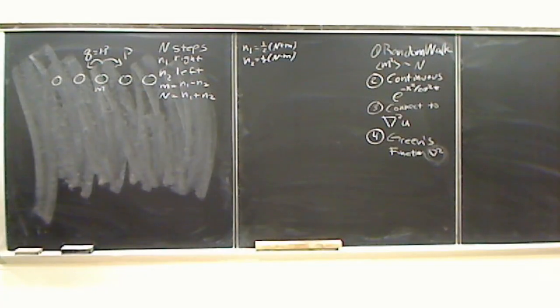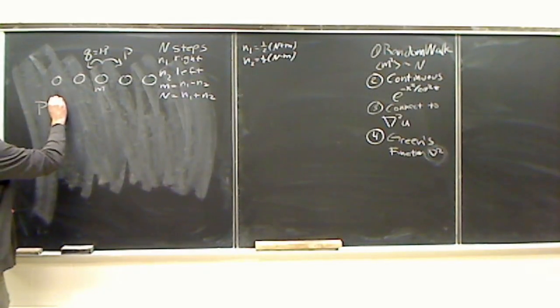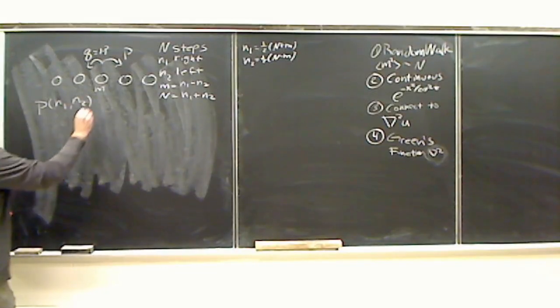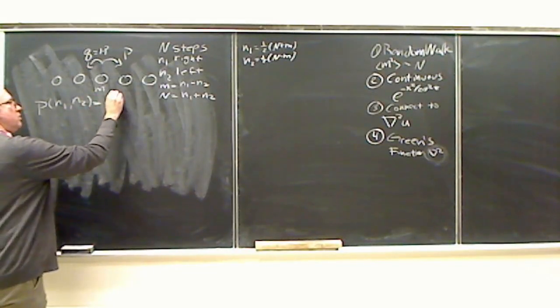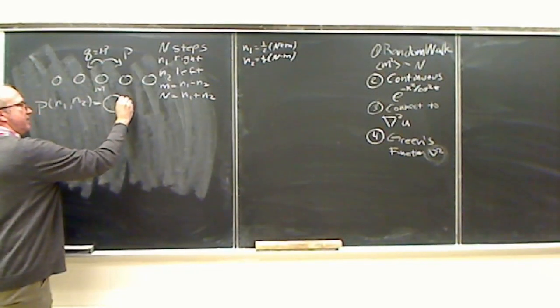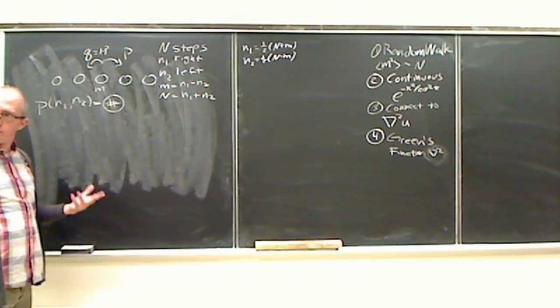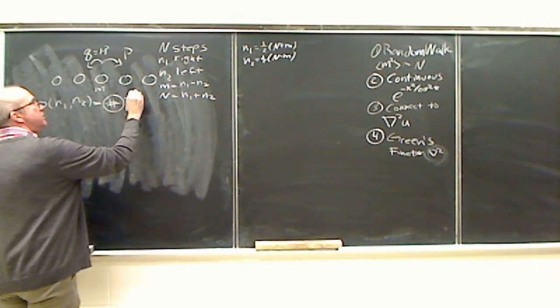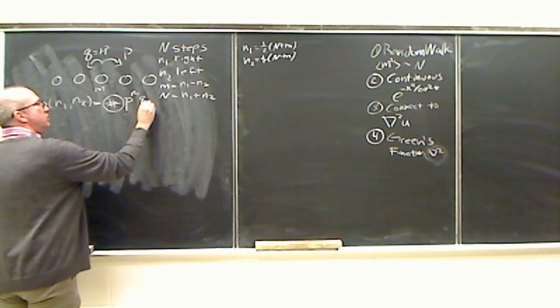So the probability that I have gone N1 steps to the right and N2 steps to the left is going to equal something that I'm going to talk about in a second. Well, the count. We're going to count how many ways we can do various things, times P to the N1, Q to the N2.